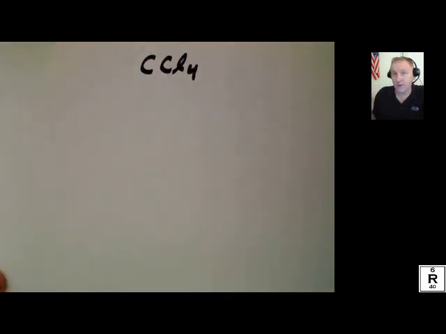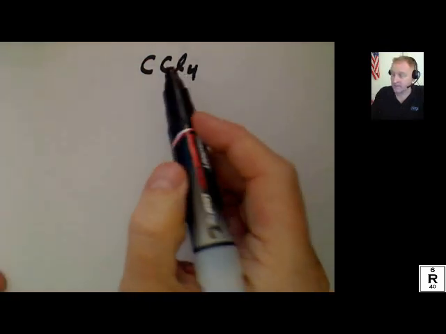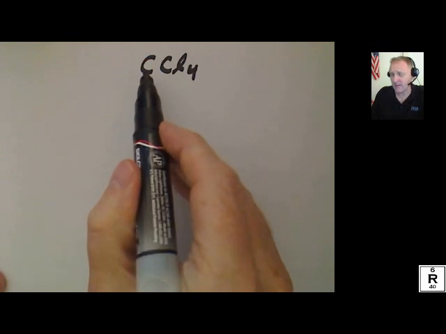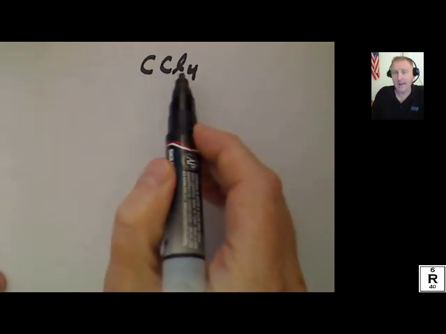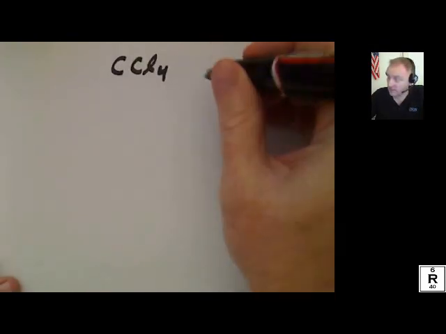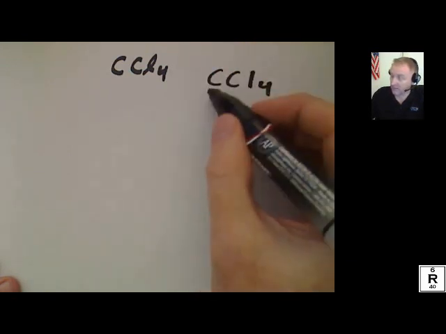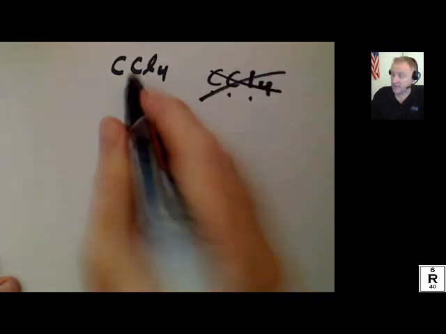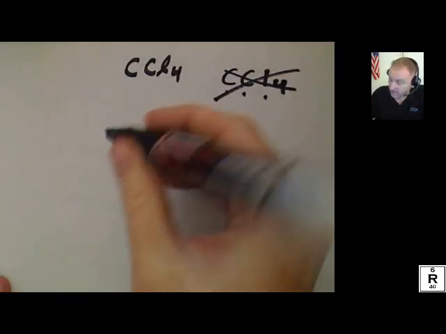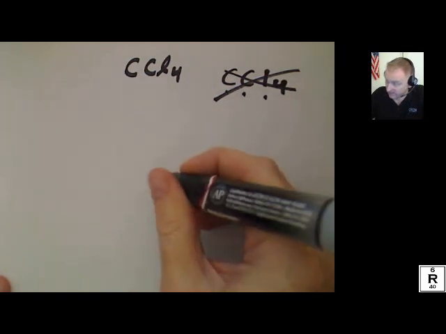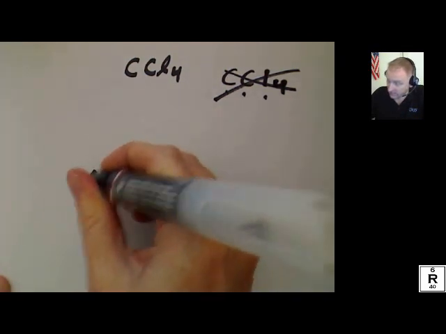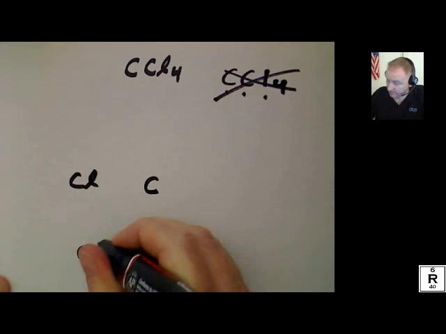The first letter is always capital, so if there's a lowercase, otherwise some people might think that there's a carbon and another carbon and 4 iodines if you were to write it like this. CCl. That might look like a carbon, and an iodine. So that's why I do it in cursive, and it's just a common practice. So center is carbon, and we have 4 chlorines.